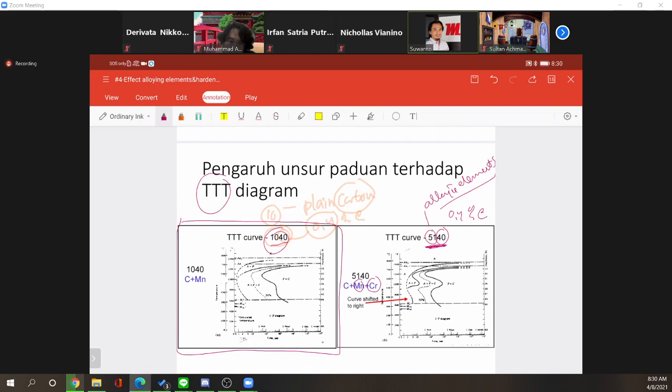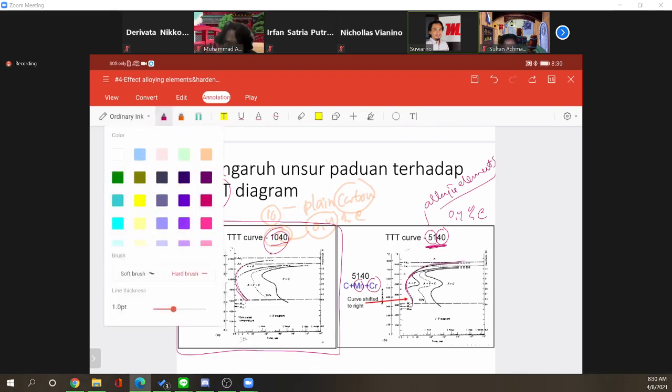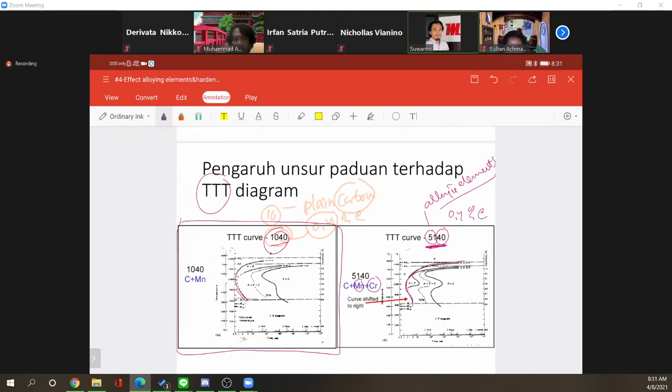And what you have is that now the curves are shifted to the right. This nose is now going a little bit to the right, previously it was here, and now it's sitting to the right. And the Ms, previously it was here, is now shifting down.